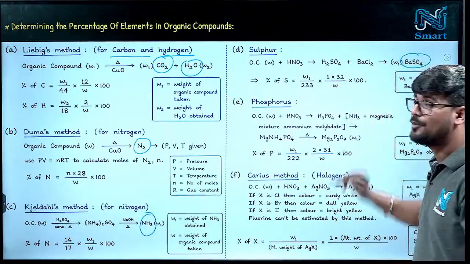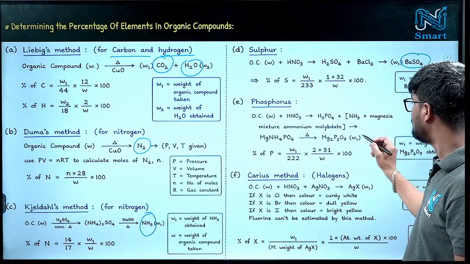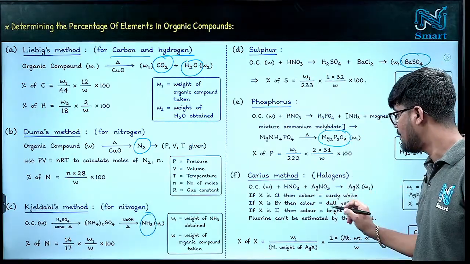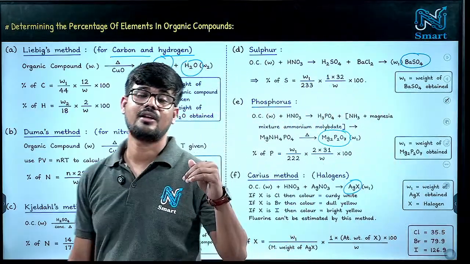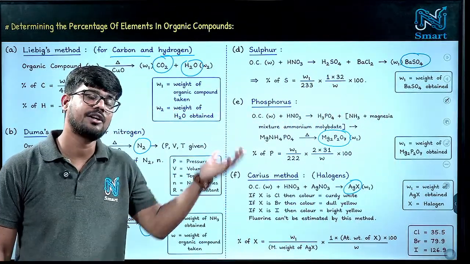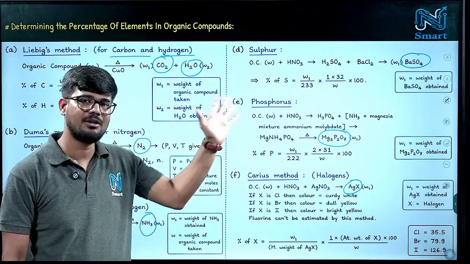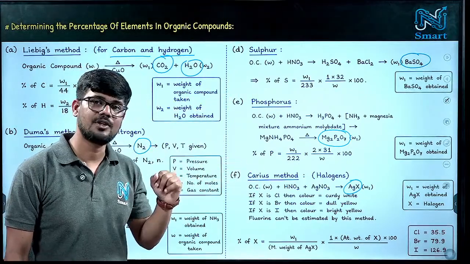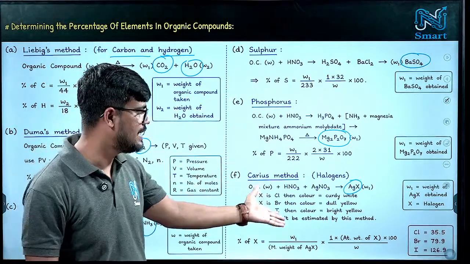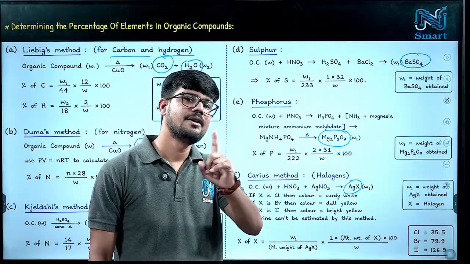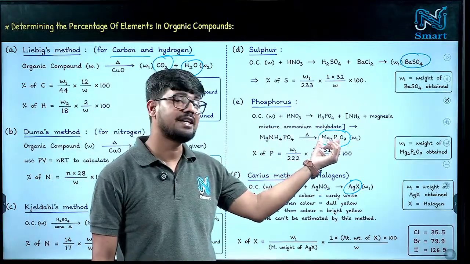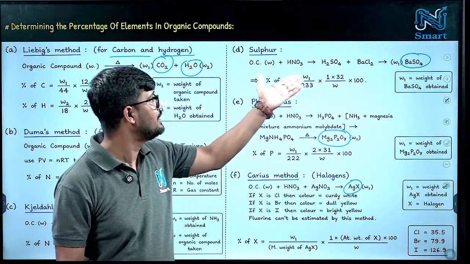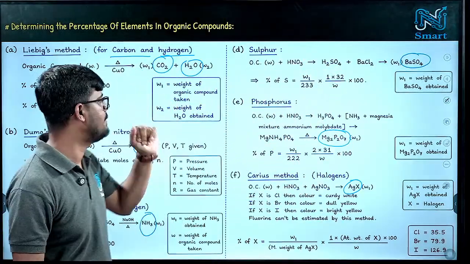For sulfur, end product is BaSO4. For phosphorus, Mg2P2O7, and for Carius method, AgX. Sometimes they can ask the end product of Kjeldahl's or other methods. For example, in Carius method, what will be the end product? AgX means silver chloride, bromide, iodide. Fluoride we cannot estimate. Phosphorus, end product is Mg2P2O7. Then sulfur, barium sulfate, BaSO4.